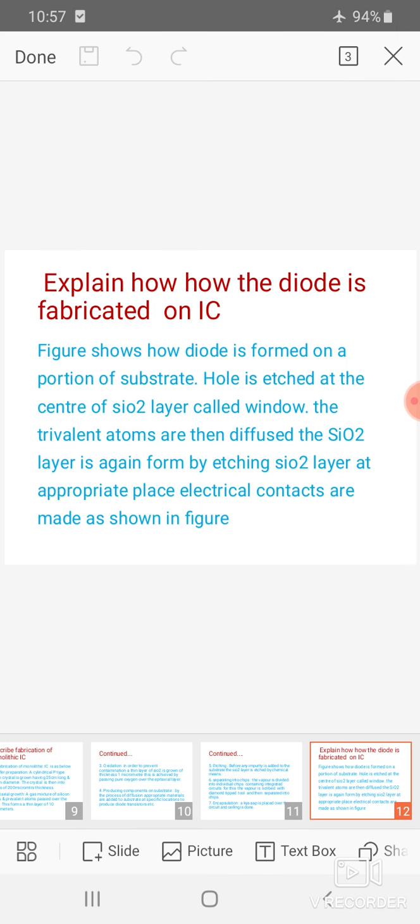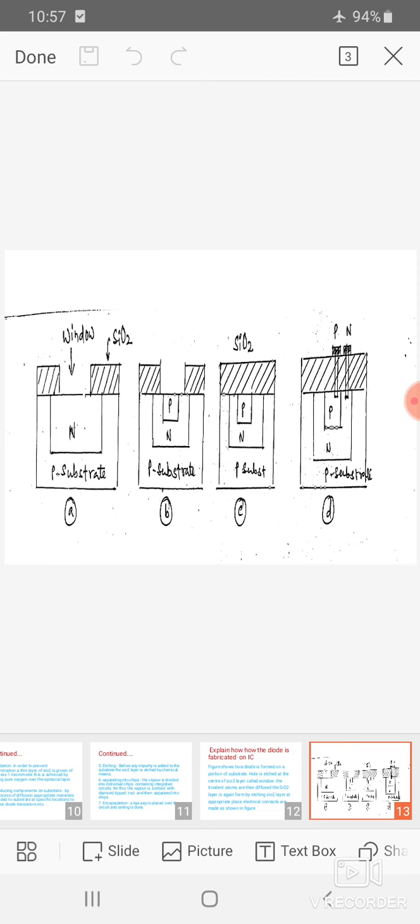Then the next question is how the diode is fabricated on an IC. You can refer to the figure. This figure shows how the diode is fabricated on the IC. The first step is removing the SiO2 layer and creating a window. P substrate and N materials are there as shown in the figure.